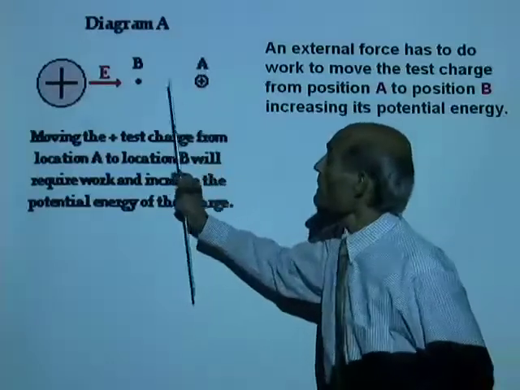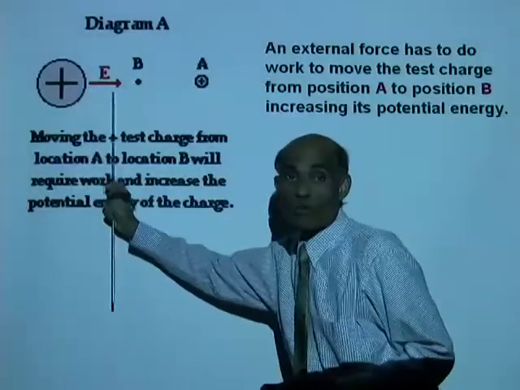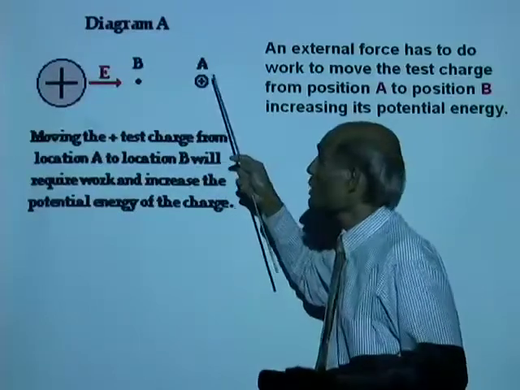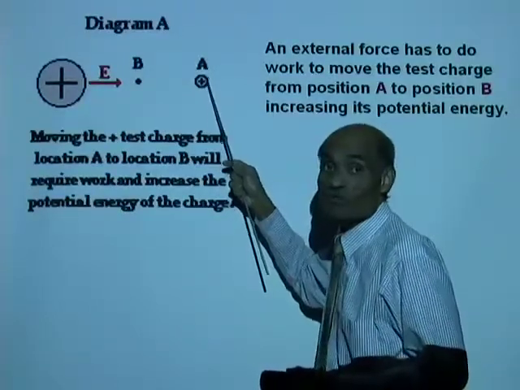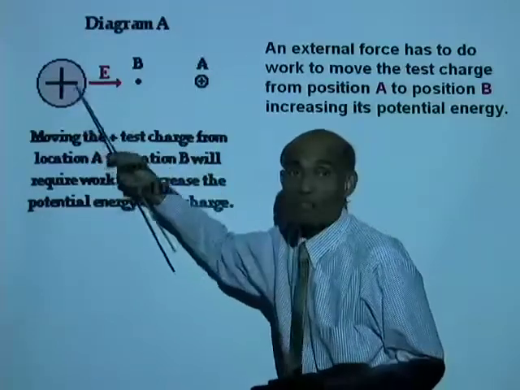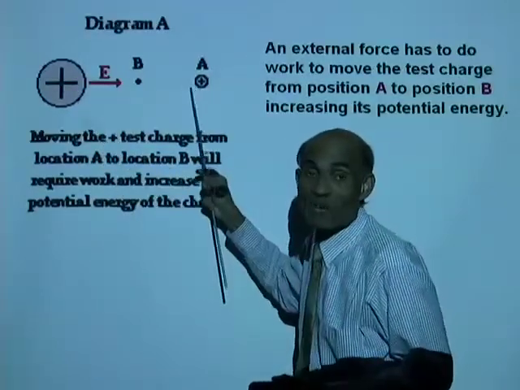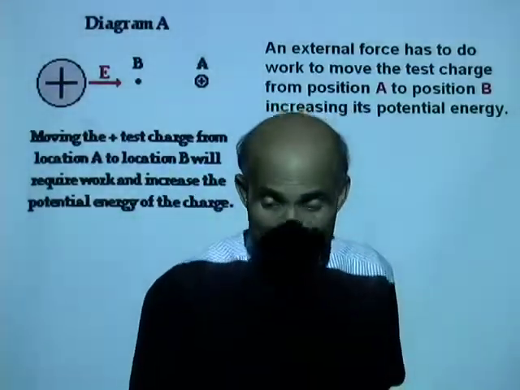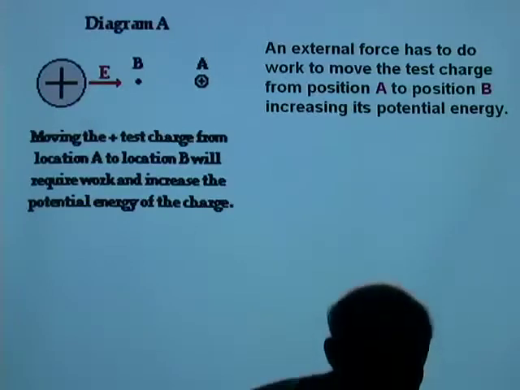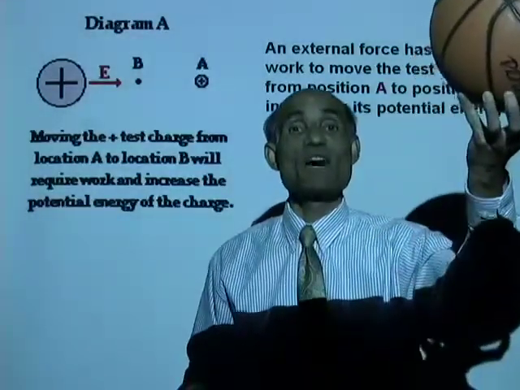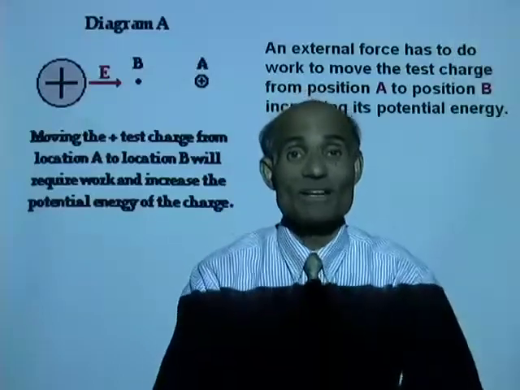You see? Because the field is directed away from the positive charge, if you want to move a positive test charge towards the positive charge, an external force needs to do work. In the same way, when you want to raise an object in the gravitational field, an external force has to do work.